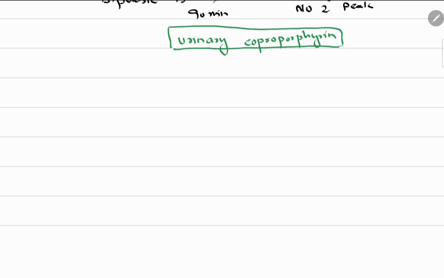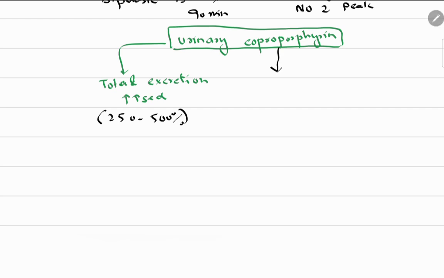Now coming to the urinary coproporphyrins in Rotor syndrome. In Dubin-Johnson syndrome, you have seen the total excretion is normal, but in Rotor syndrome, total excretion is increased by 250 to 500%.